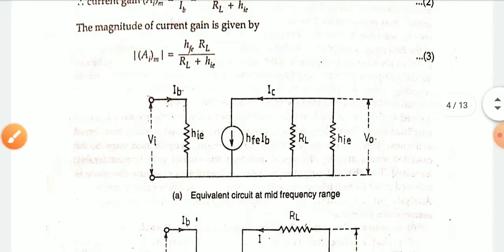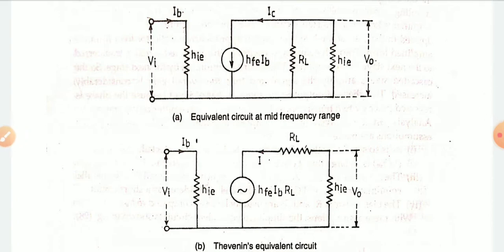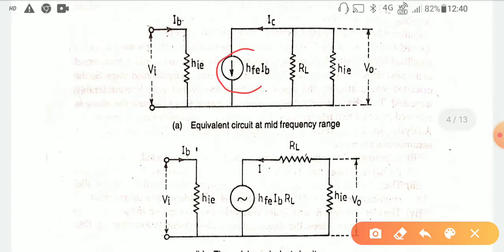From this circuit we can get the equivalent Thevenin circuit, where this current source and the resistor are multiplied to get the voltage source, and R is used in series to represent the source impedance.